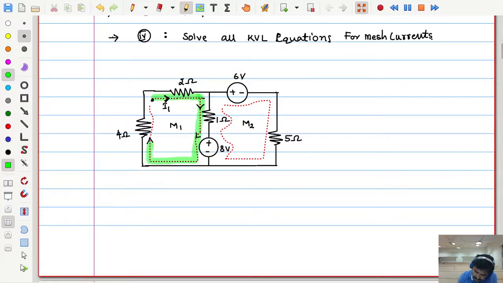This is my path. This might be the road where I want to travel. Now, in your journey, you started somewhere, let us say here. In your journey, you will come across some stops. Each stop is equivalent to one element.